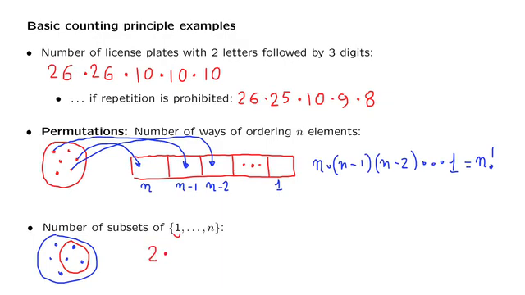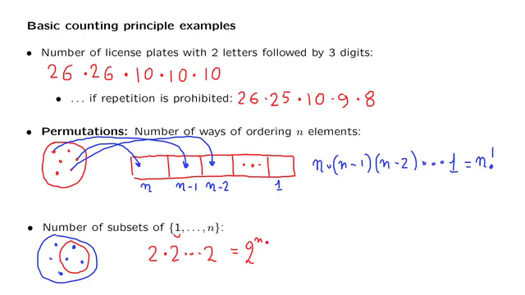Then we consider the second element. Again, we have two choices. Do we put it in the subset or not? We continue this way until we consider all the elements. There's n of them. And the overall number of choices that we have is the product of 2 times 2 times 2, n times, which is 2 to the power n.